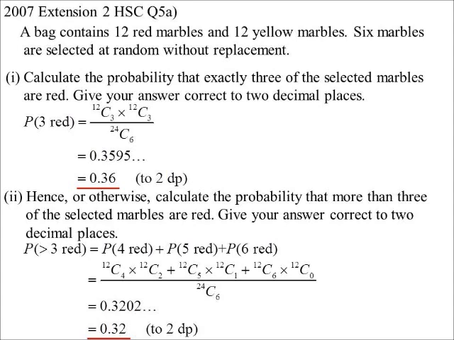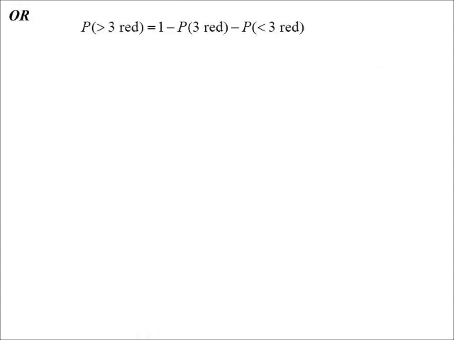But I wasn't happy with that because they said hence. So there must be an interesting way of doing it using part I. Here's the interesting way. Probability of greater than 3 red using the complementary idea would be 1 minus the probability of 3 red, but also minus the ones where there's less than 3 red. Well, the probability of less than 3 red would be the same as greater than 3 yellow.